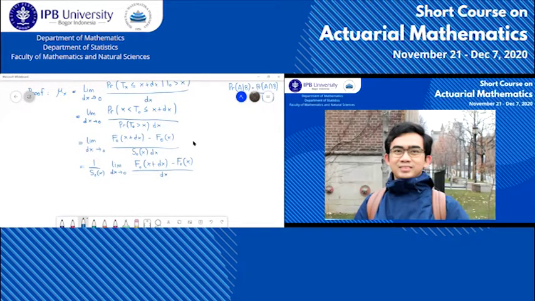By the definition of derivative, this expression of the limit is the definition of a derivative. So this is 1 by S sub 0 of x times the derivative of F0x with respect to x. So the derivative of the cumulative distribution function is the density function, divided by the survival function. Okay, so we have proved the first property related to the force of mortality.